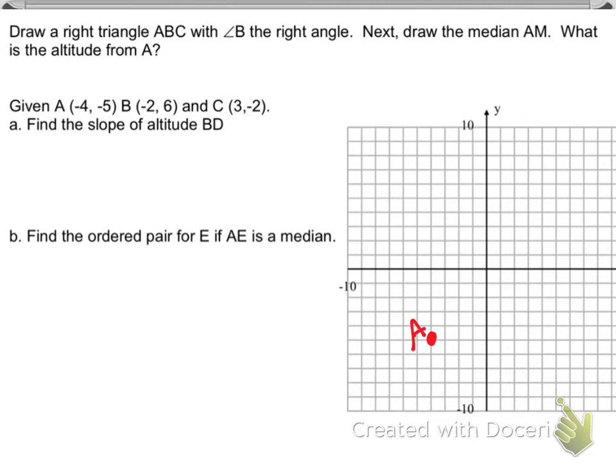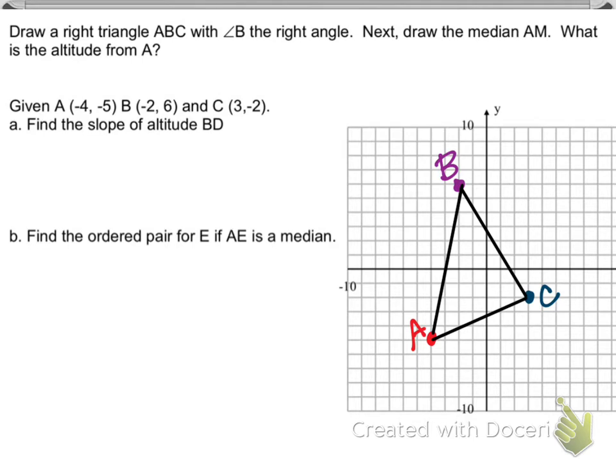B is at -2, 6. And then C is at 3, -2. So again, make sure you're plotting those points because it's going to be important when we draw in these lines.